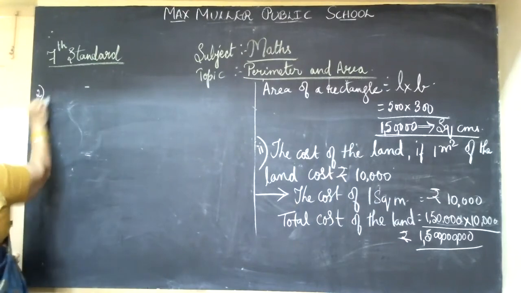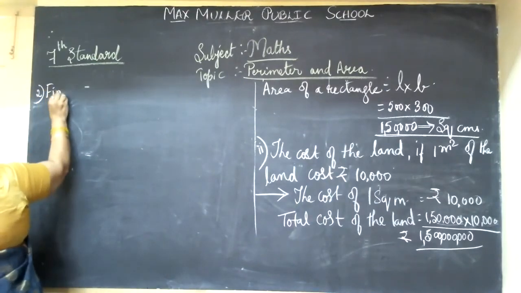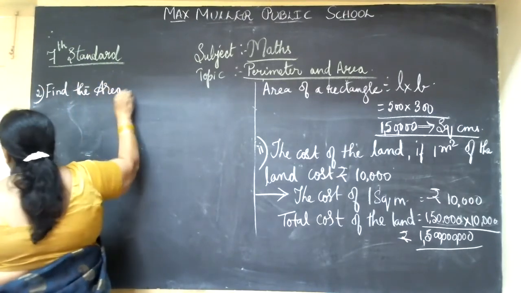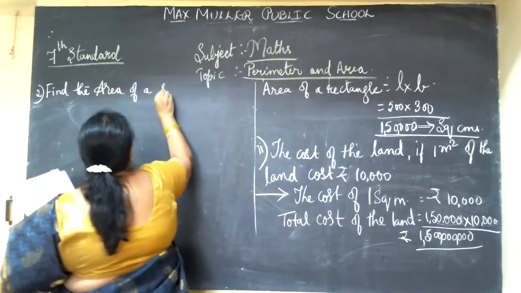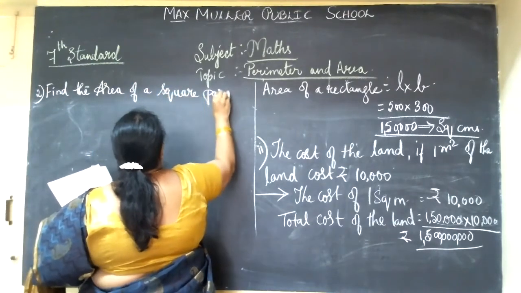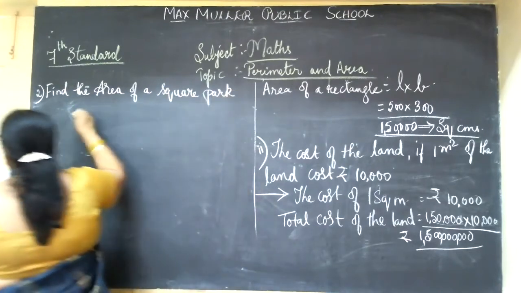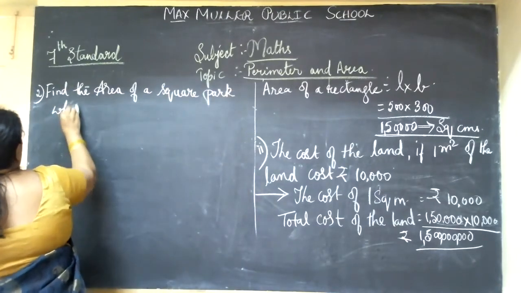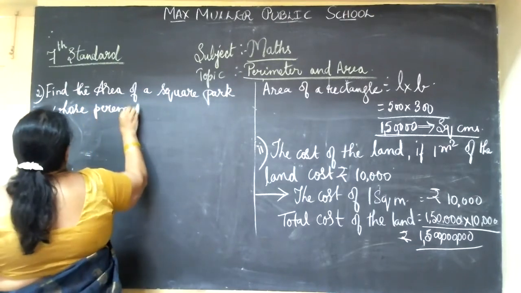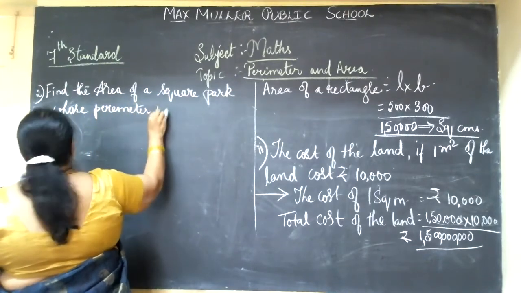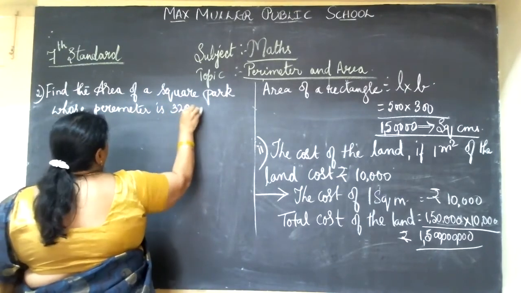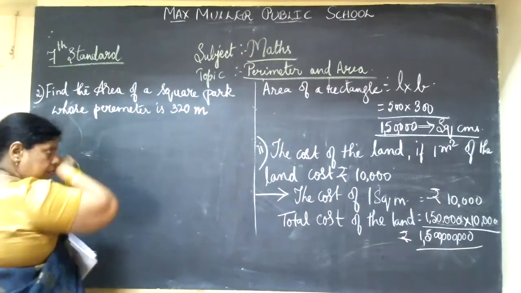Second one. Find the area of a square park whose perimeter is 320 meters.